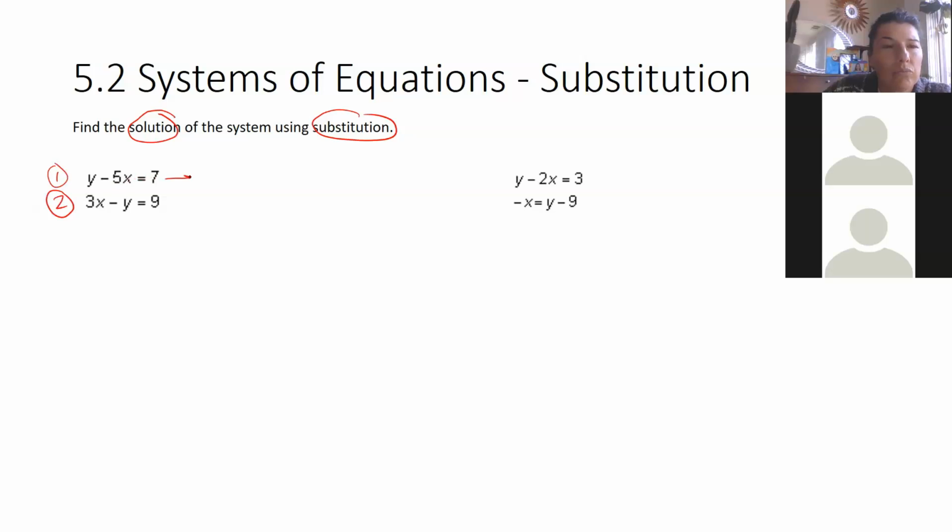You would have to take away the x variable. And how would we do that? We would add 5x to both sides? Yes, so at that point, we'd have y alone. So how many steps did that take us to get y alone? 1.